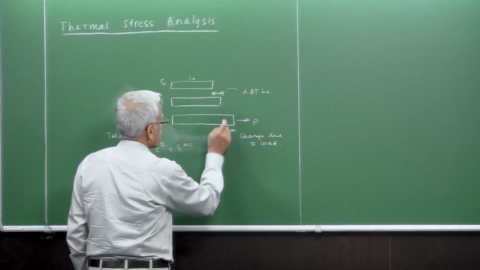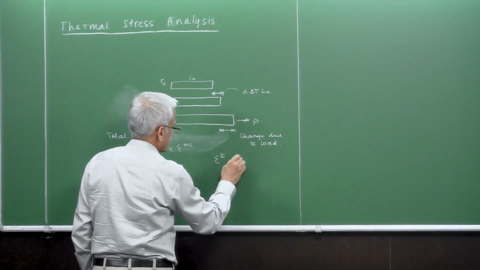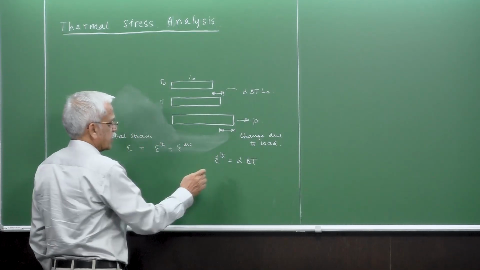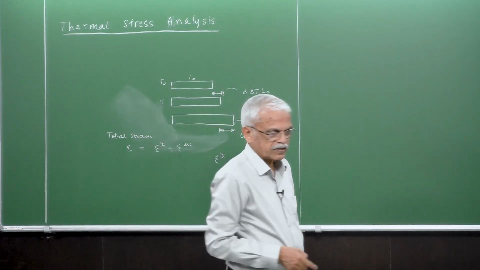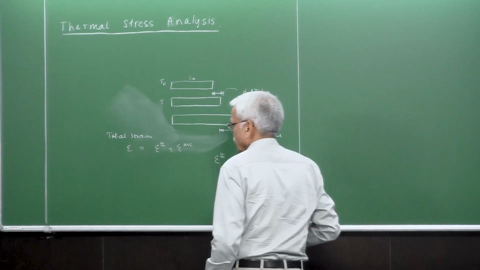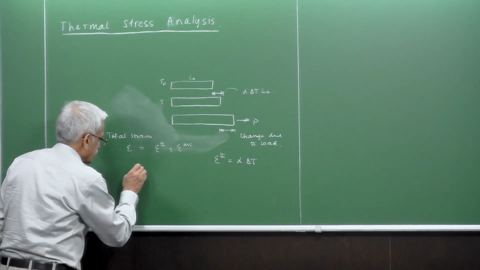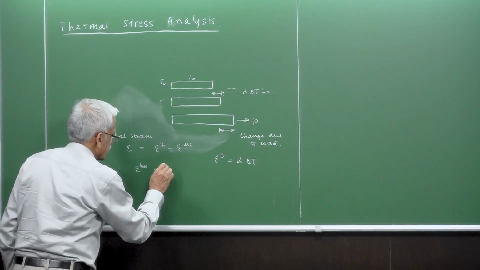The thermal strain is nothing but alpha times delta T, and the mechanical strain is given by the stress divided by the Young's modulus. Or we can even say that the mechanical strain is the total minus the thermal.